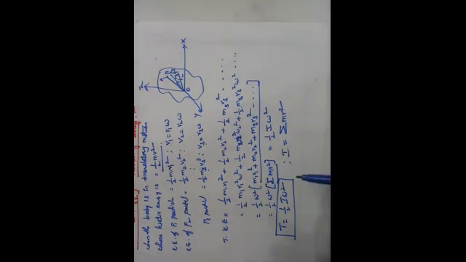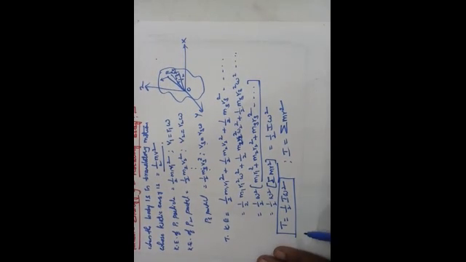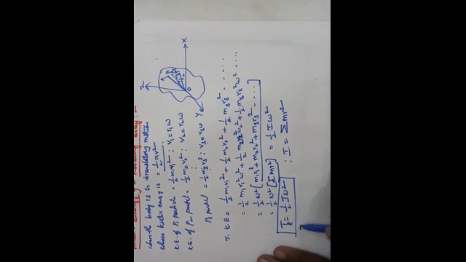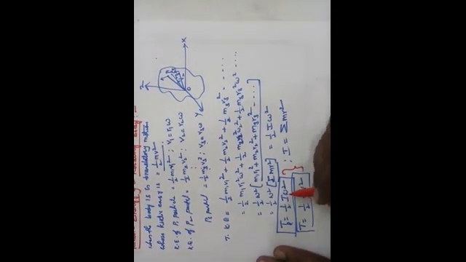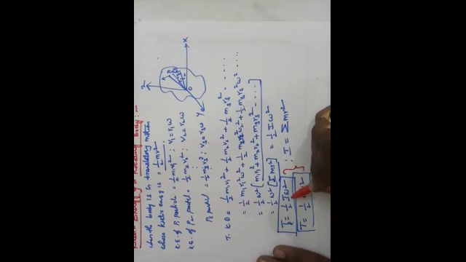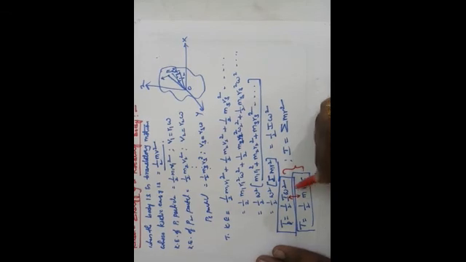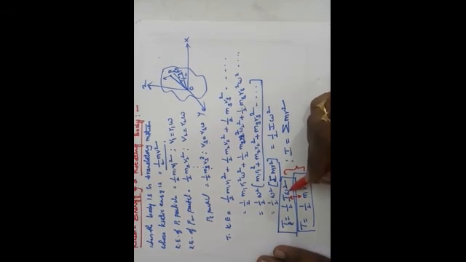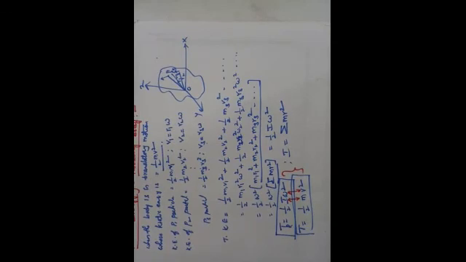In case of translatory motion, the kinetic energy of a body is half m v square. Comparing these two equations, in rotatory motion m is replaced by I, and the linear velocity is replaced by the angular velocity when the body is rotating about the axis.